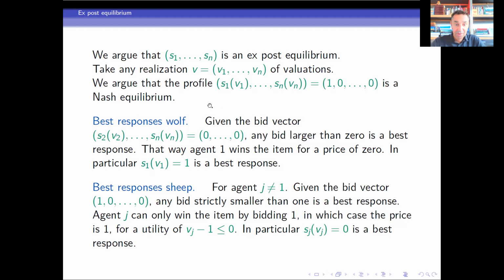Maybe shortly efficiency. This equilibrium is not efficient.